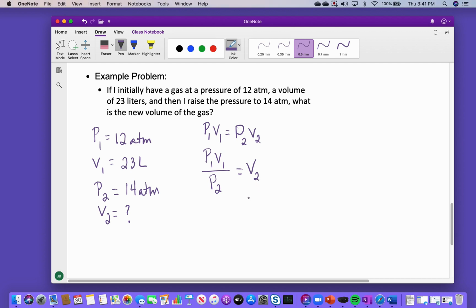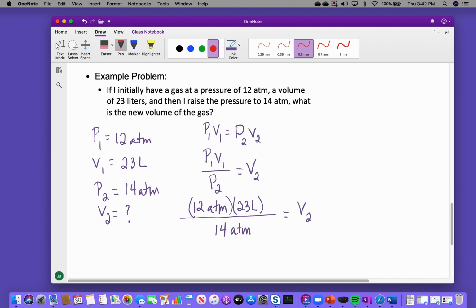Now that we have the equation manipulated, let's put all of our numbers in there with their units. So if we have 12 atmospheres times 23 liters, and we're going to put that over 14 atmospheres, and that's going to equal our change in volume.